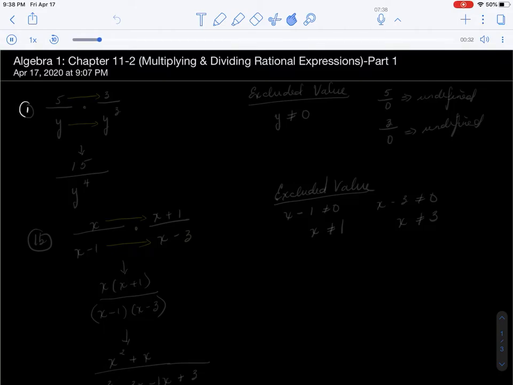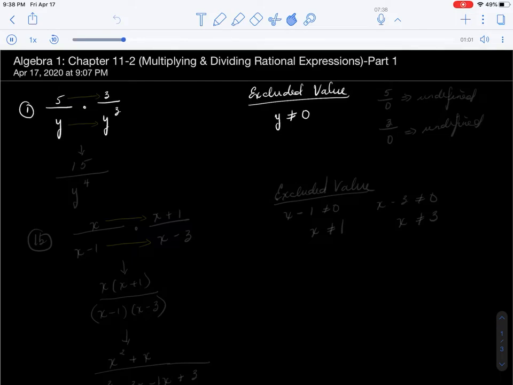Let's take an example of 5 over y, multiplying 3 over y to the third. Okay, let me take the excluded value. In this case, y cannot equal 0. Your whole goal is to not let the denominator be 0.